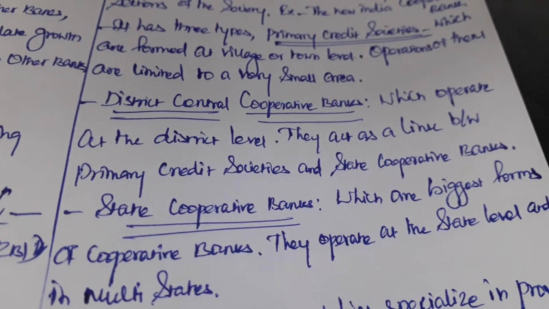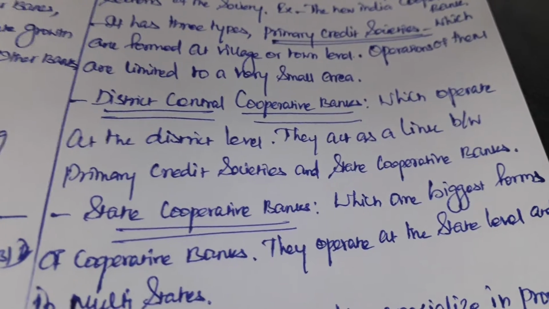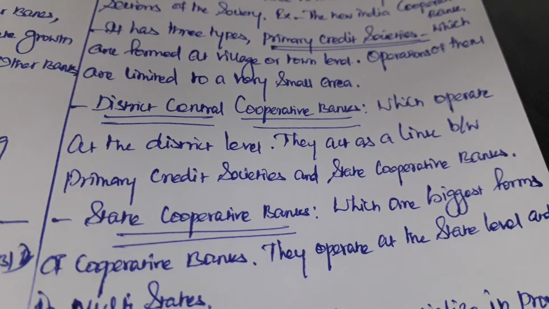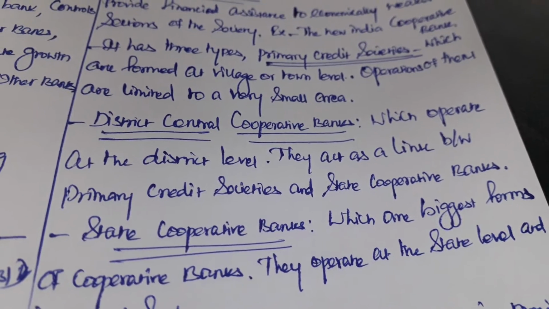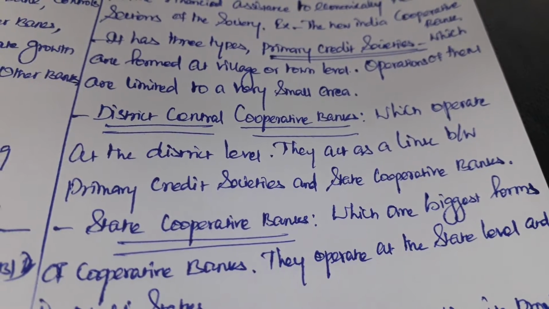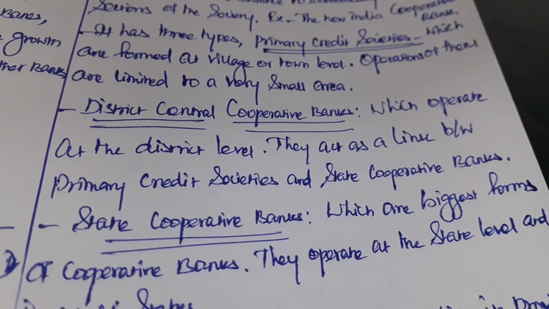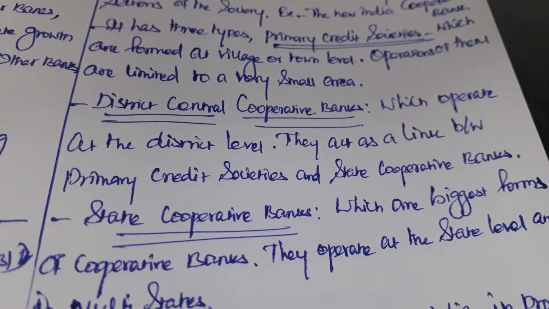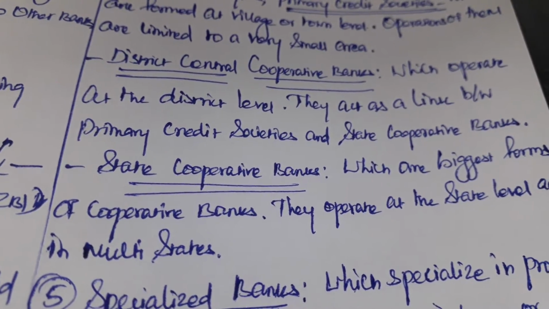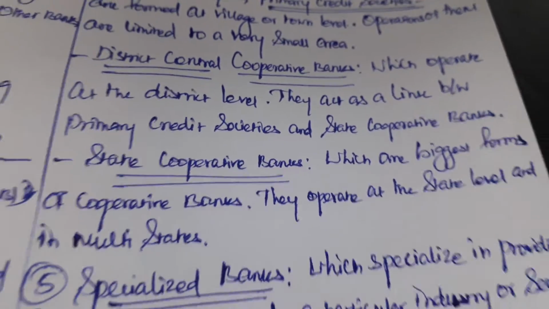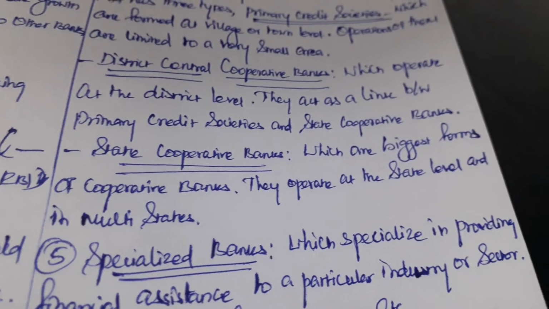The next one is the district central cooperative banks, which operate at the district level. They act as a link between primary credit societies and the state cooperative banks. Then state cooperative banks, which are the biggest form of cooperative banks.